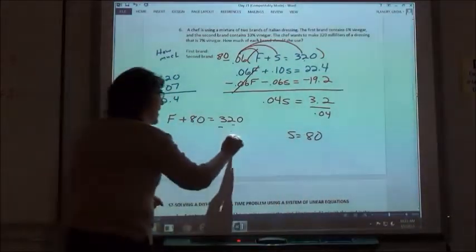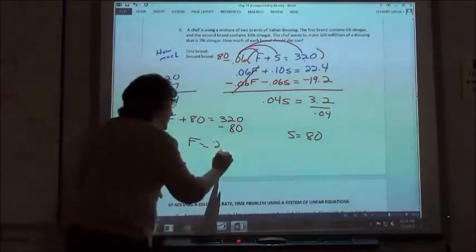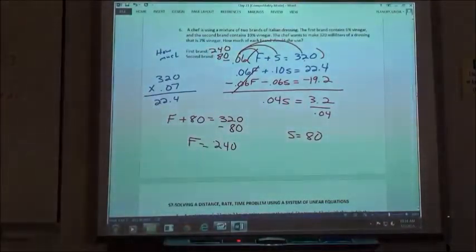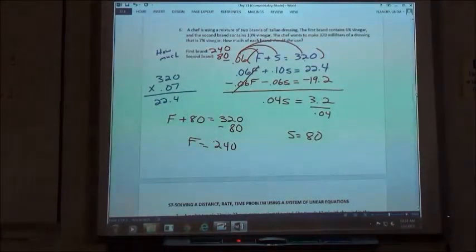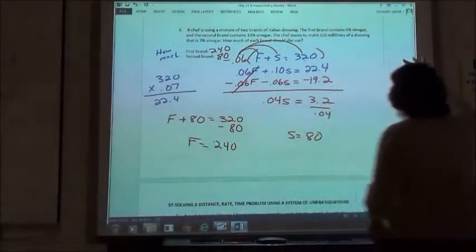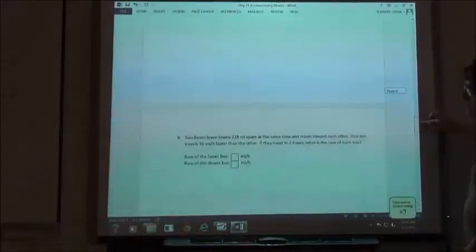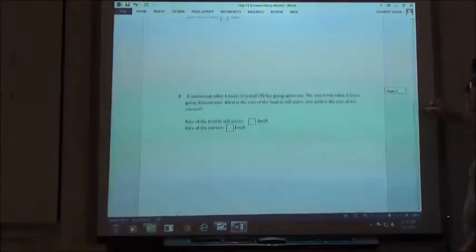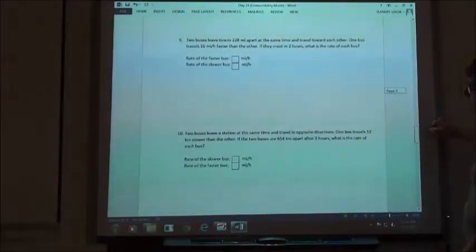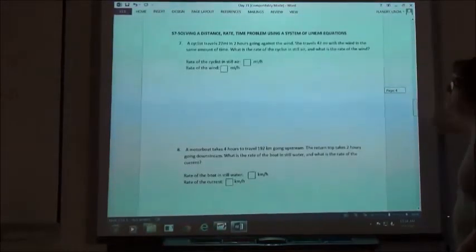So if we subtract 80 from 320, we have 240 milliliters of the first one.